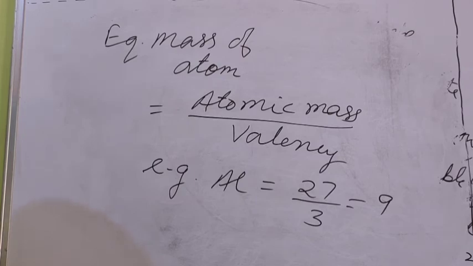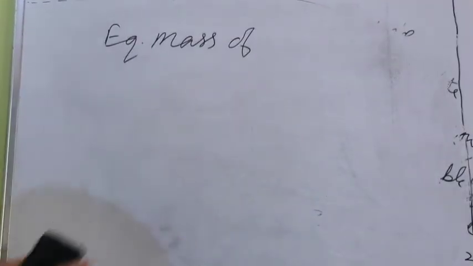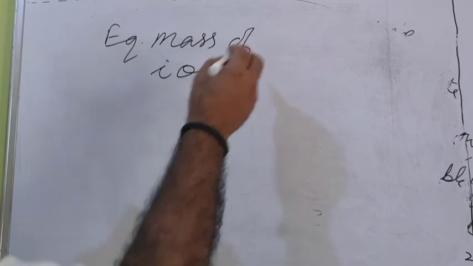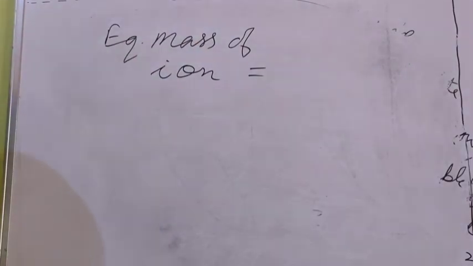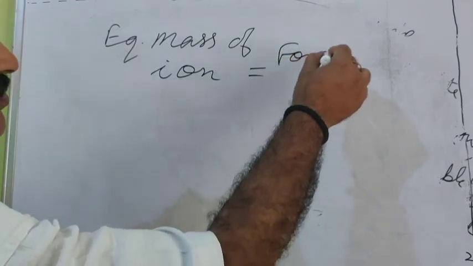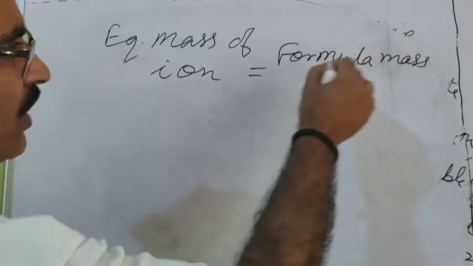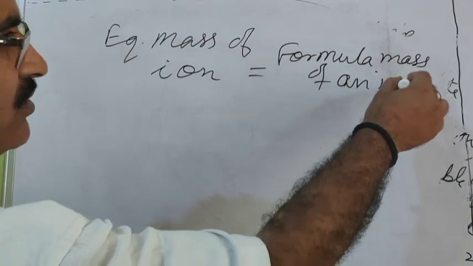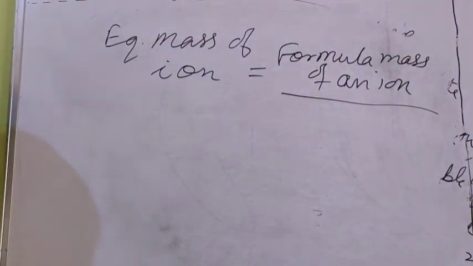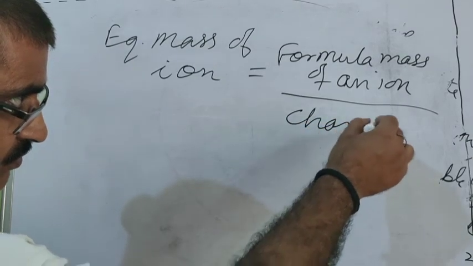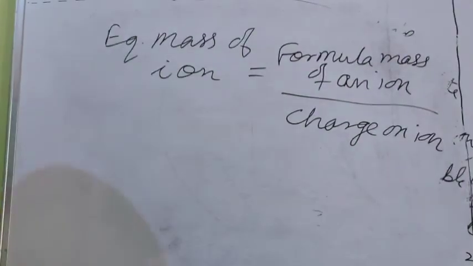So the equivalent mass of an ion is equal to the formula mass of the ion divided by the charge on the ion. By means of this we can find the equivalent mass of an ion.